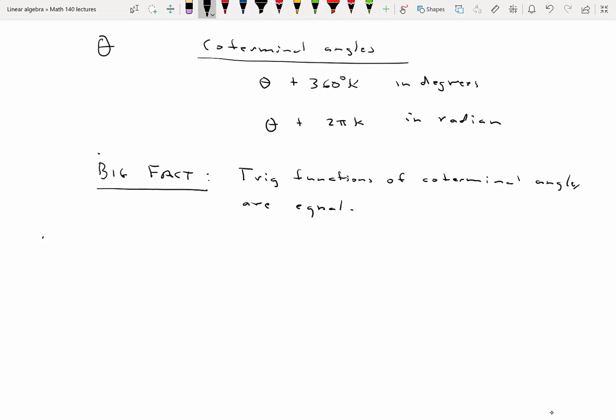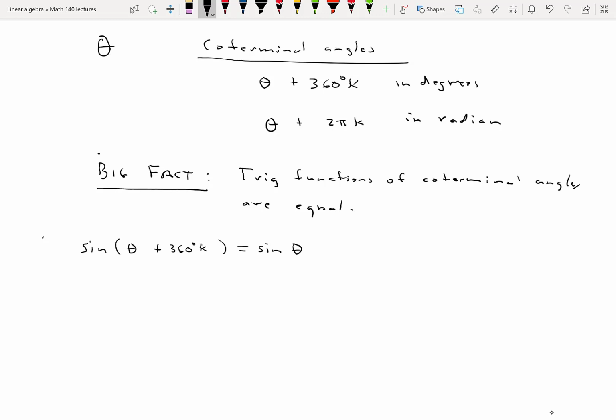So here they are. Here are some of them. This says that the sine of theta plus 360 degrees times k is just the sine of theta. I can remove any number of multiples of 360 degrees, and I don't change the value of the trig functions.